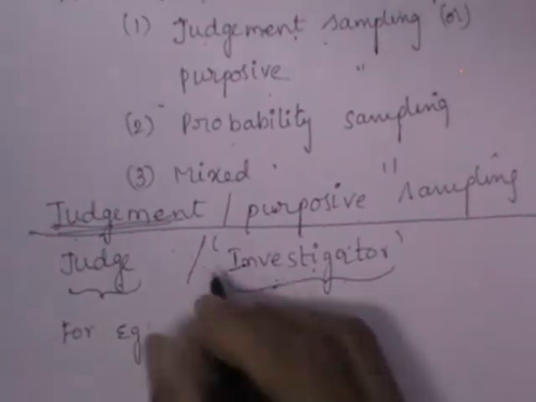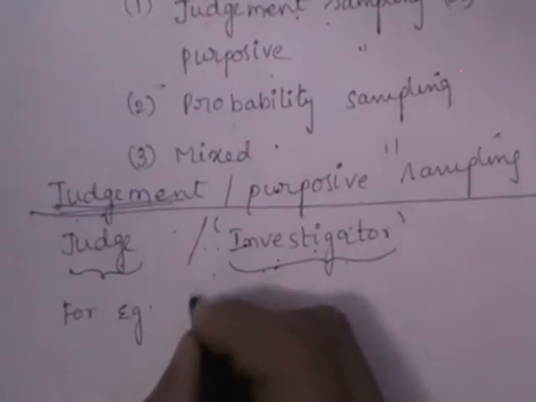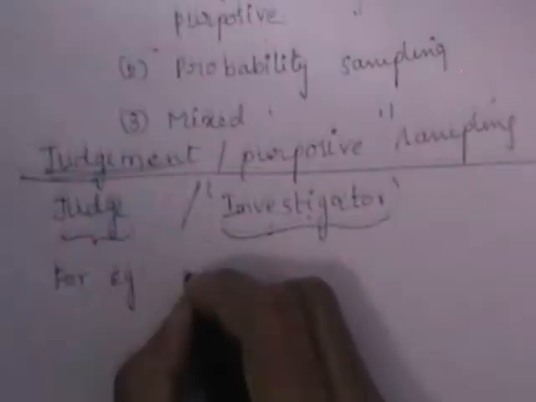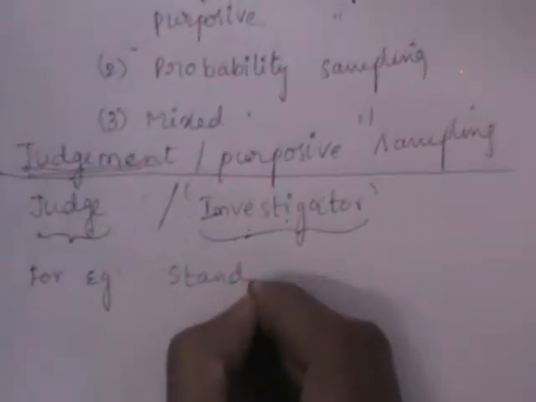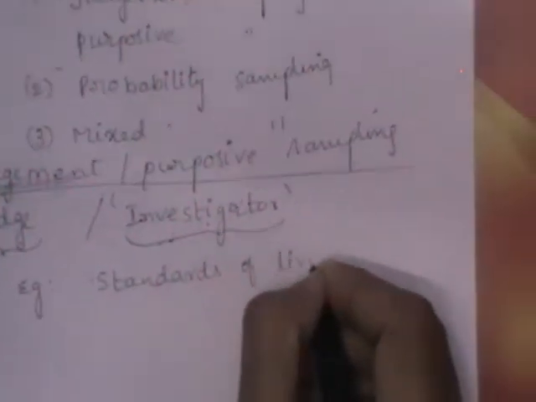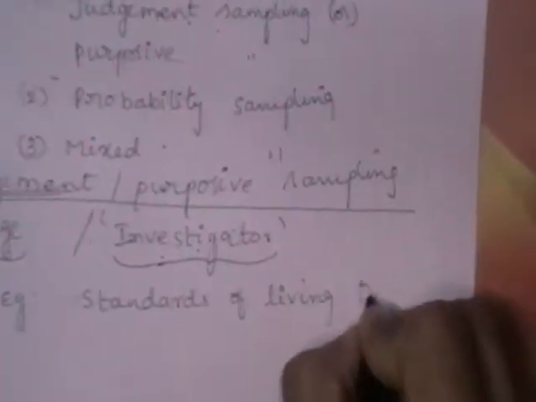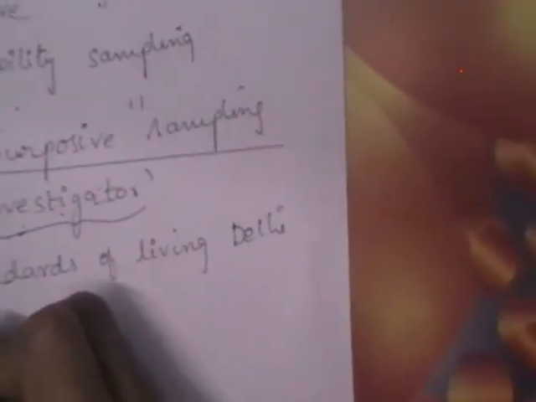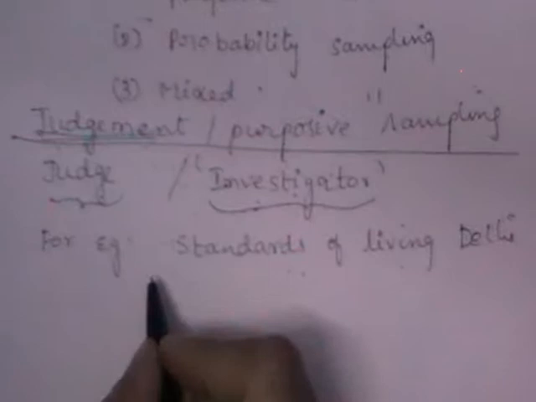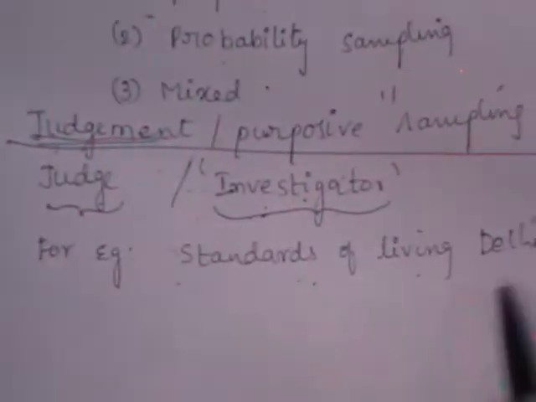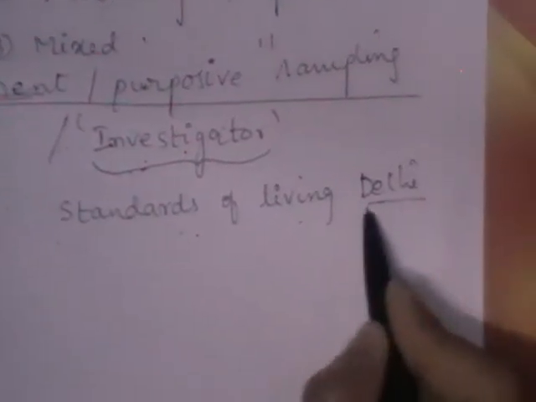Suppose the purpose of the study is to know the standards of living in any metropolitan city. Let us take Delhi. The objective of the survey is to find the standards of living in Delhi, so we should collect a sample from the city of Delhi.